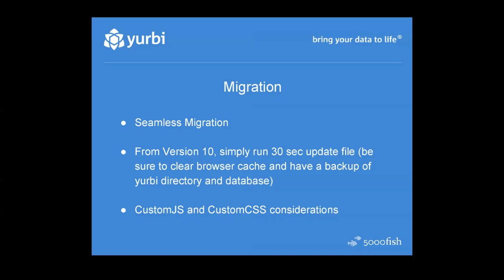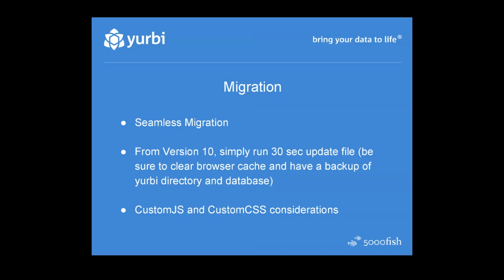Because we've been working on version 11 for a while, we've kept our code branches somewhat in sync, because a lot of the features that we were initially going to have only in version 11, we've actually put back in version 10, like the advanced pivot table. There are a lot of things that haven't even been announced related to scheduled report headers, security, and things like that. We'll get to those in the new year, and be sure you follow us on social media and look at our change log on our website to get those updates.